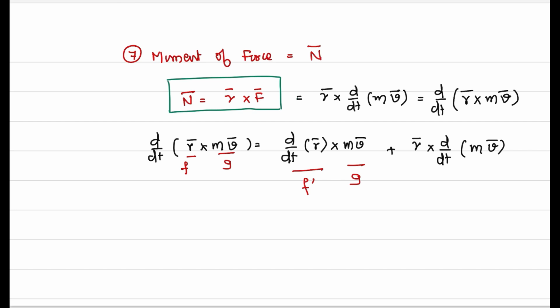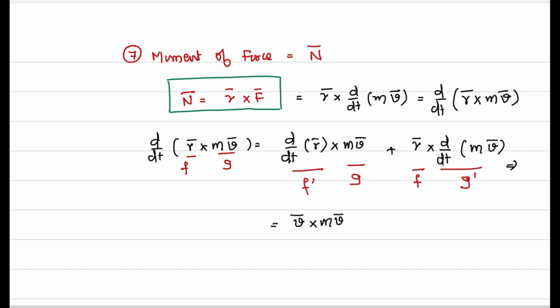This is the differentiation of a product of two functions. Then it implies d by dt of r cross mv is v cross mv plus r cross d by dt of mv.